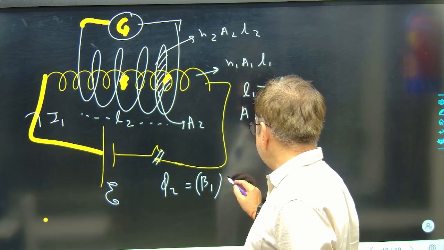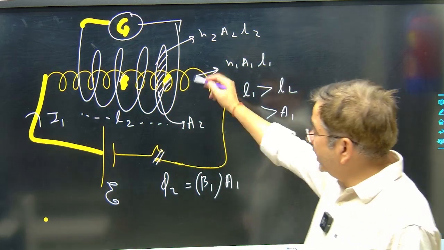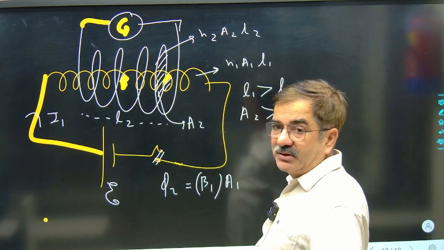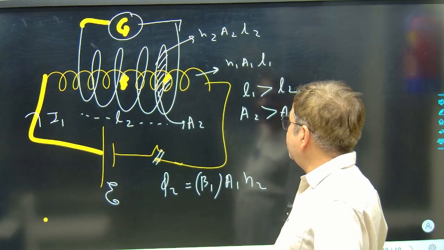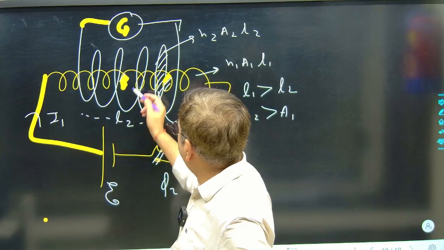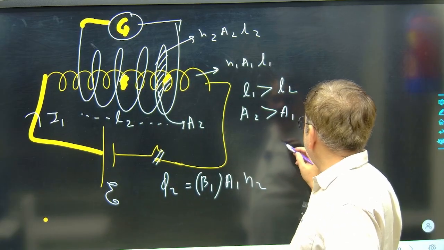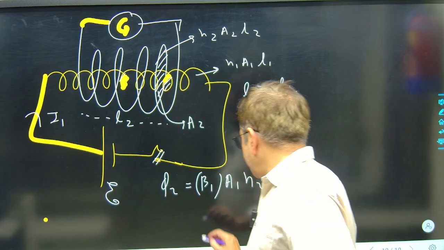But the number of turns I take is for the second coil, N2, because I am watching the flux with the second coil. The common length of L1 and L2 will be L2 only, because L2 is less than L1.